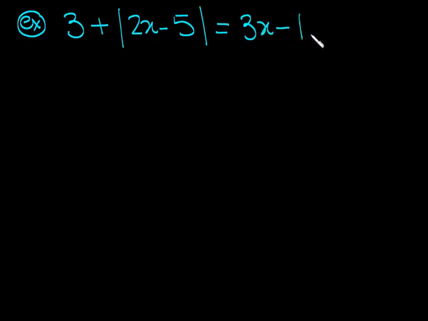Let's say that I have 3 plus absolute value of 2x minus 5 is equal to 3x minus 1. I want to solve this for x.